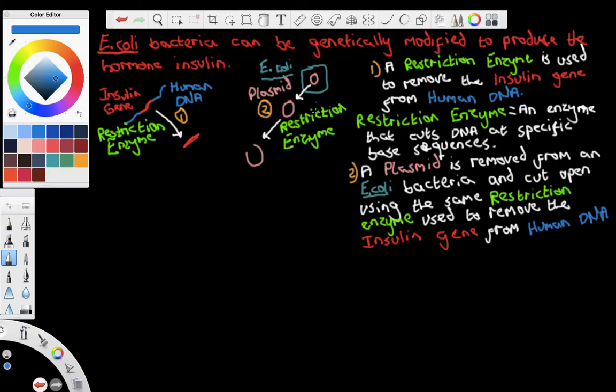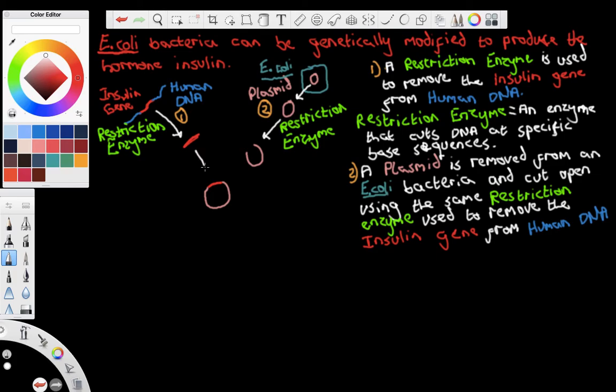And this genetic material can be swapped with other bacteria to give them new characteristics. Now, what's done next is that this open plasmid has the human insulin gene added to it with use of an enzyme known as DNA ligase.